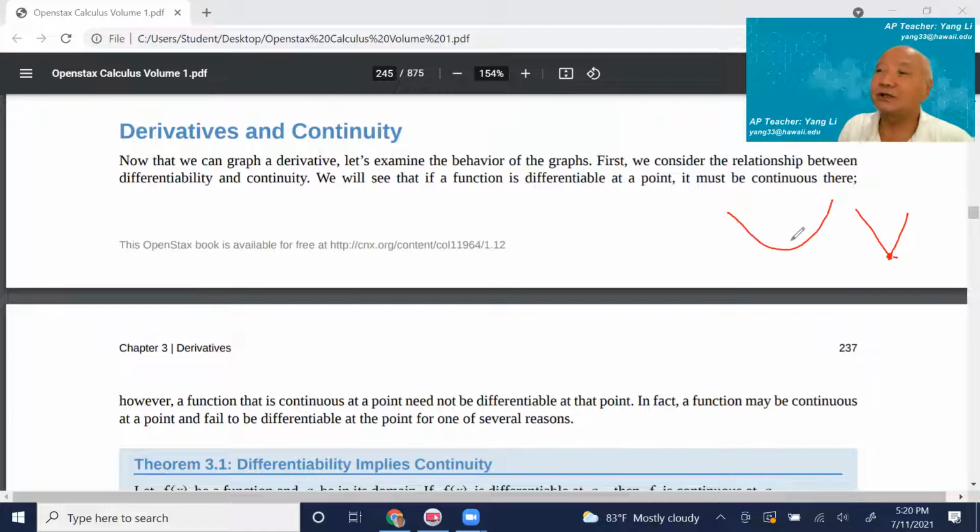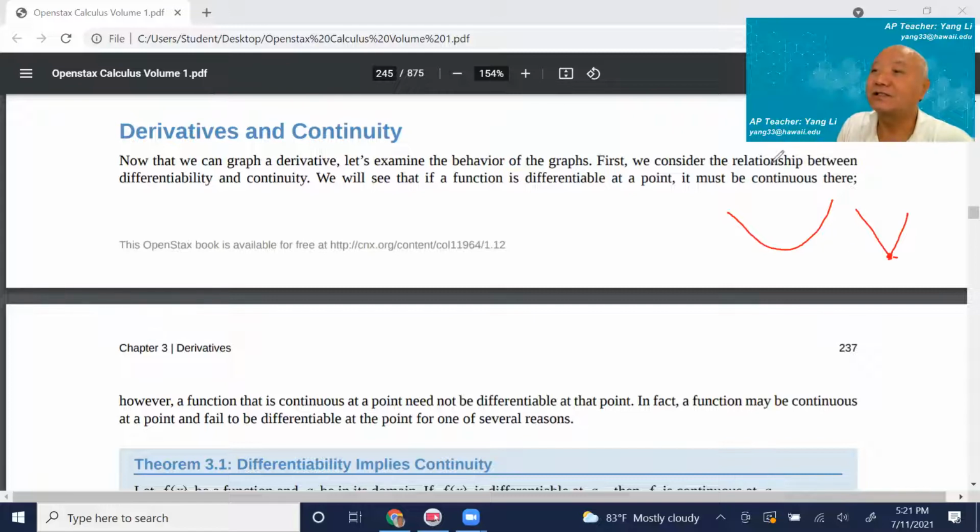This just gives you a general concept about the relationship between continuity and derivatives. We can say that if a function is differentiable, it is guaranteed to be continuous, but if it's continuous, we don't know. Maybe differentiable, maybe not.